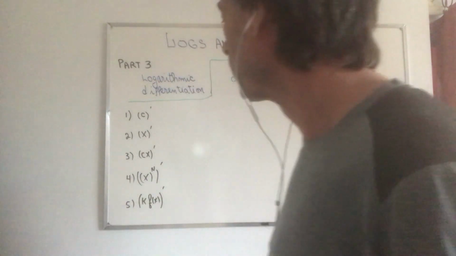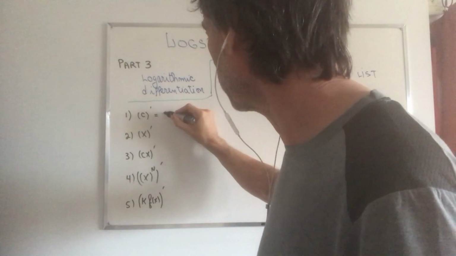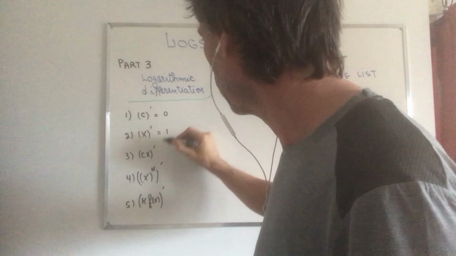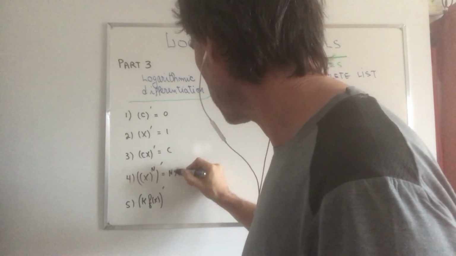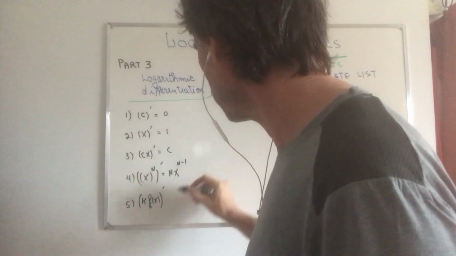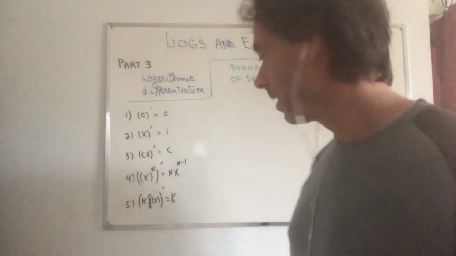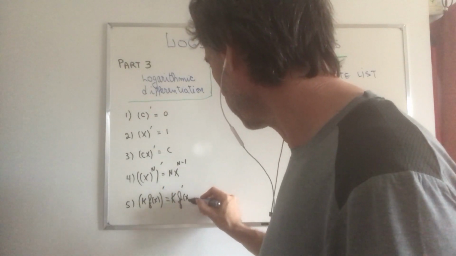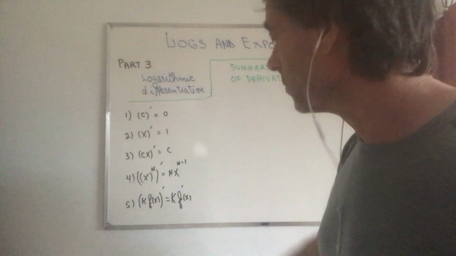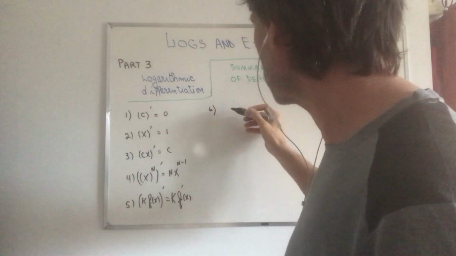These were the first 5 rules you probably remember. 0, 1, c. This will be, of course, n x to the n minus 1, and this is the one that allows us to take out the constant and just put the derivative on the f of x itself.